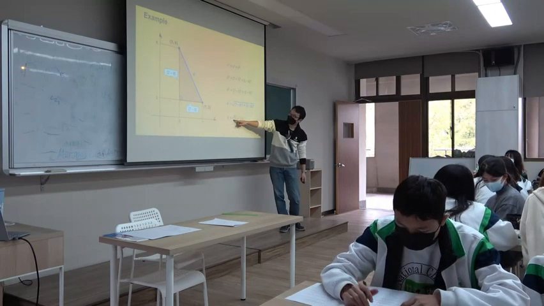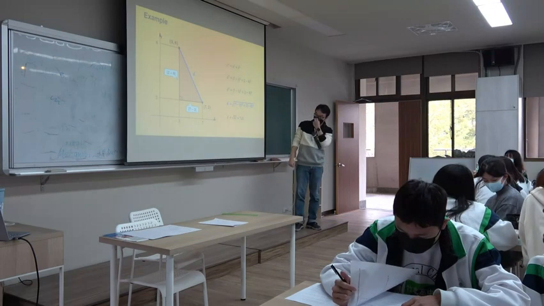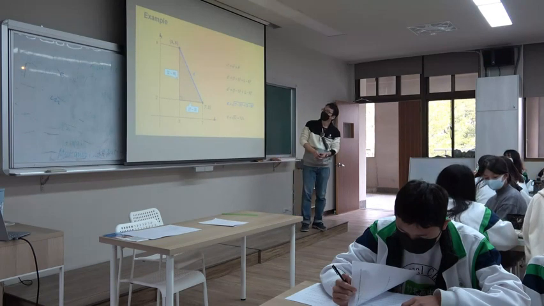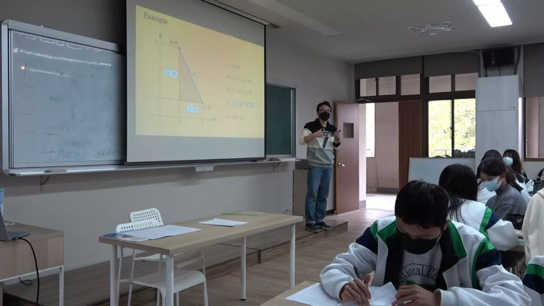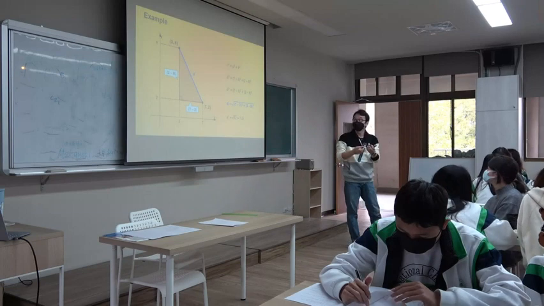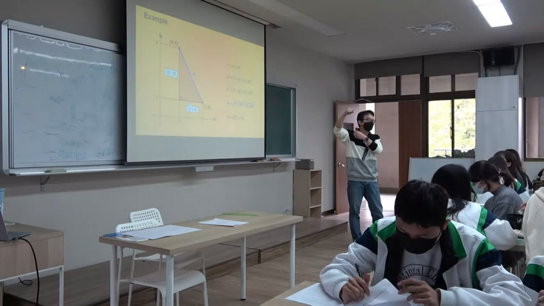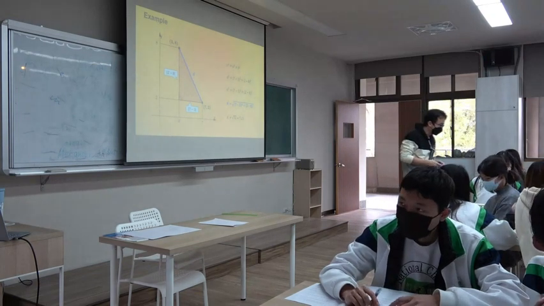And simplify, the distance will be the square root of 52. It's about 7.21. Okay, that's how we use the Pythagorean theory to find the distance between 2 points in the plane.